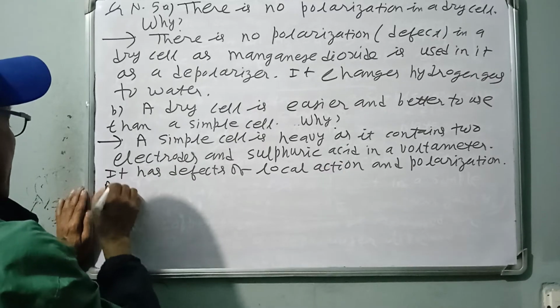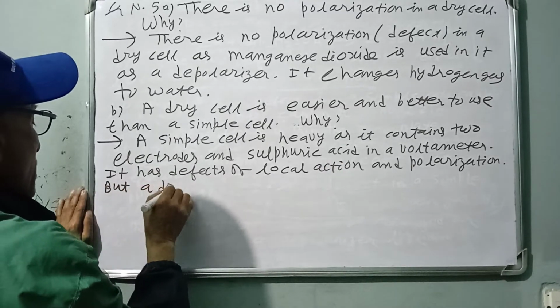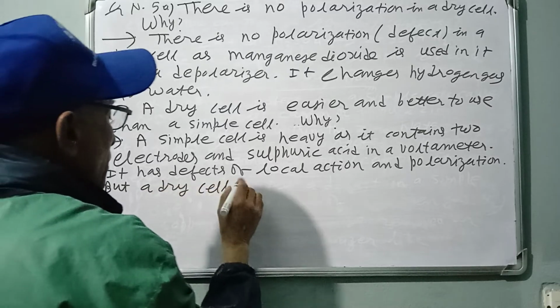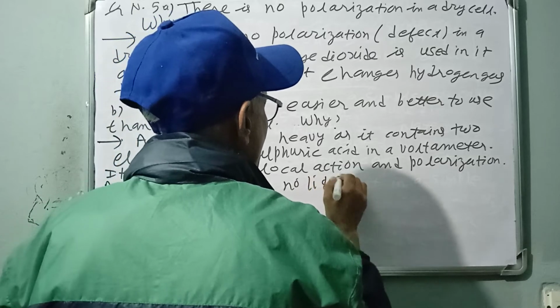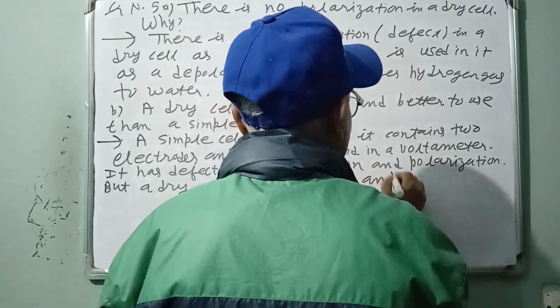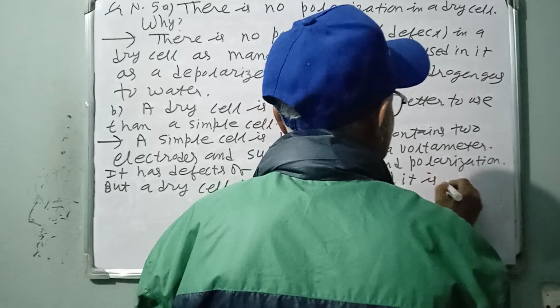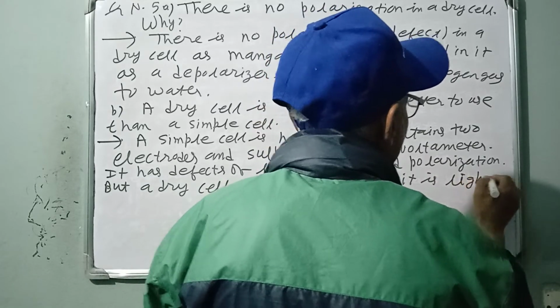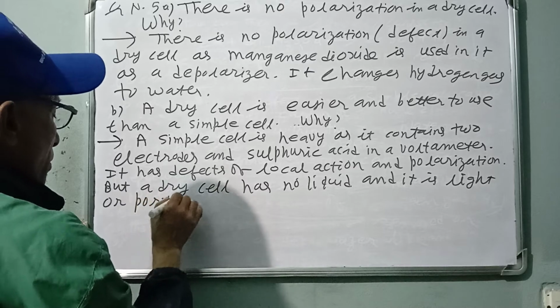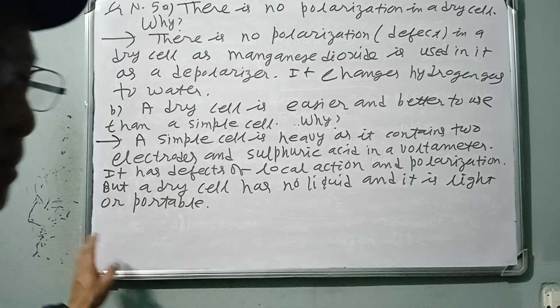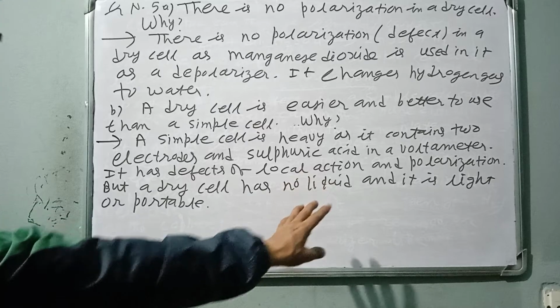But a dry cell has no liquid and it is light or portable. Portable means it can be carried from one place to another easily.